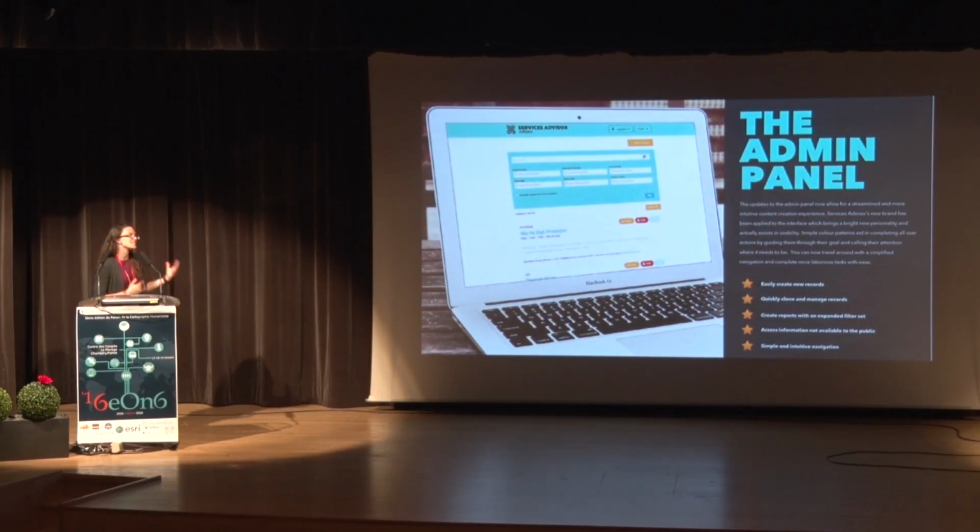Behind the scenes, it's a database, it's an admin panel. It's primarily focused on making it really, really easy for service providers to input this information and keep it up to date, because some of the challenges, as already highlighted, people are moving constantly. Points of contacts are moving, agencies are moving, and so keeping track of this information is relatively difficult.